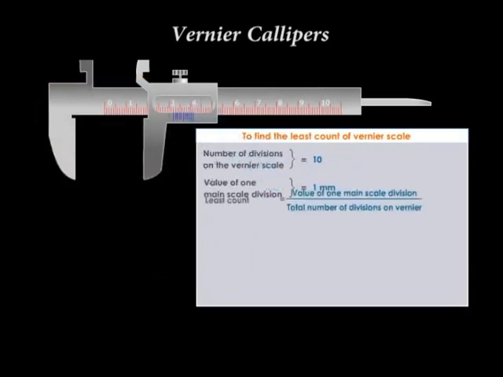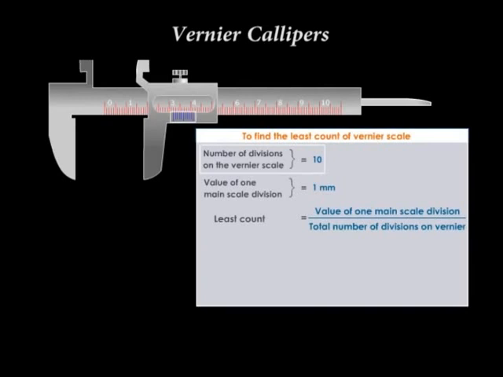For these calipers, number of divisions on the vernier scale is 10. Value of one main scale division is 1 millimeter. Least count is equal to the value of one main scale division over the total number of divisions on the vernier scale. That is 1 millimeter over 10, giving us 0.1 millimeters or 0.01 centimeters.